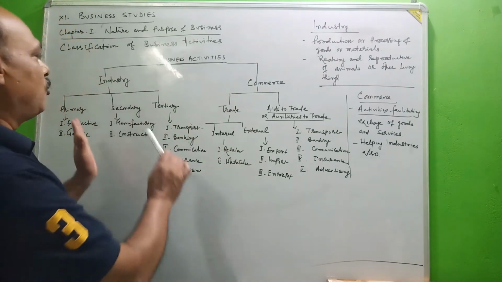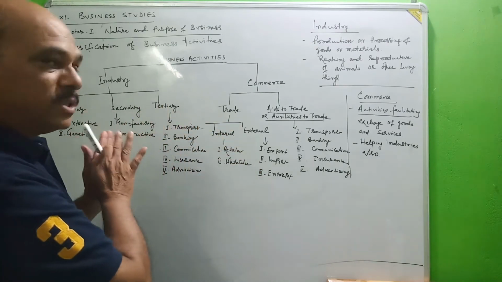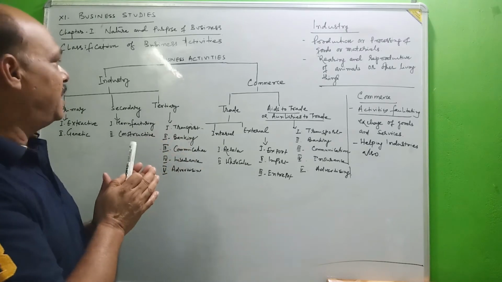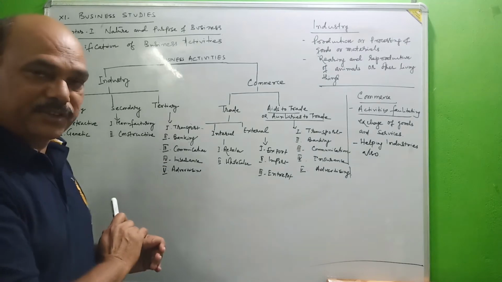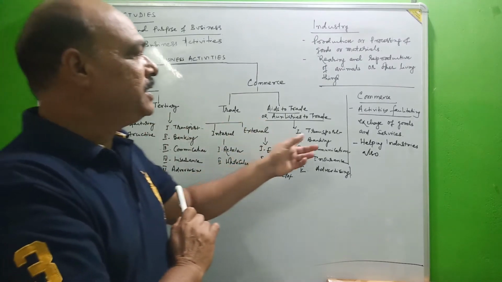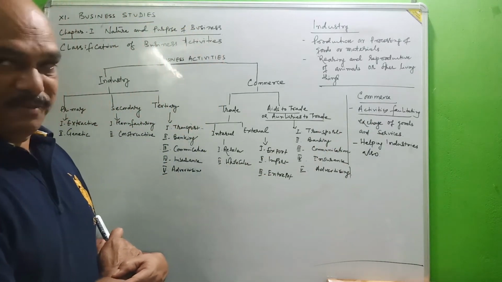Then you take commerce. What is commerce? First of all, we should distinguish these two aspects, that is, activities. Then only we can start the classification part. Commerce is activities facilitating the exchange of goods and services.